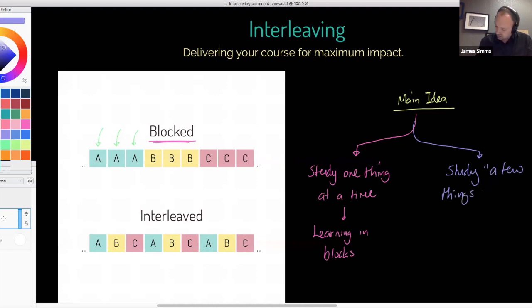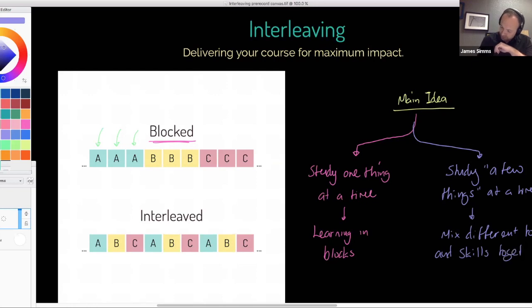We would call it interleaving, and this is an important point. It's also the idea of mixing. You mix different topics and skills, or it could be and or, I suppose. We mix different topics and skills together.